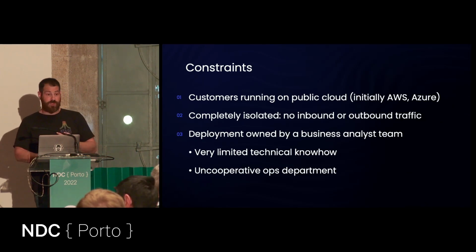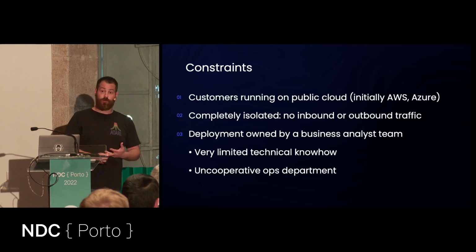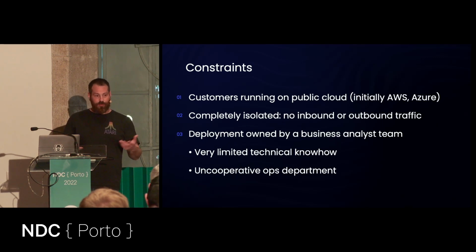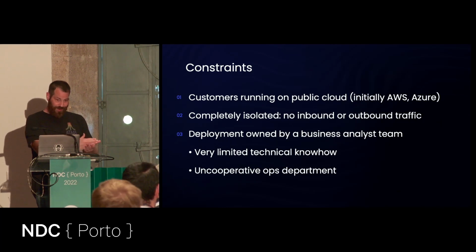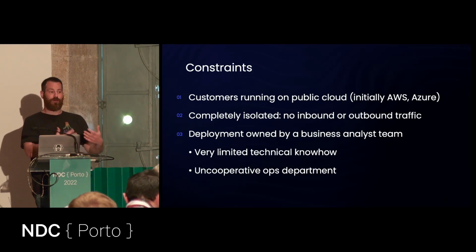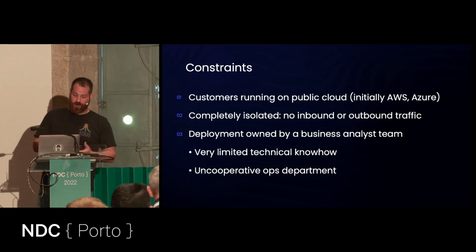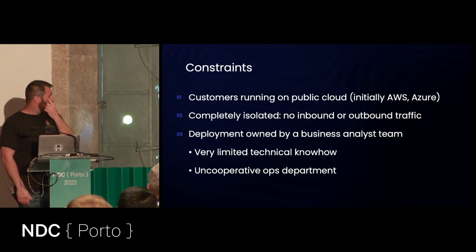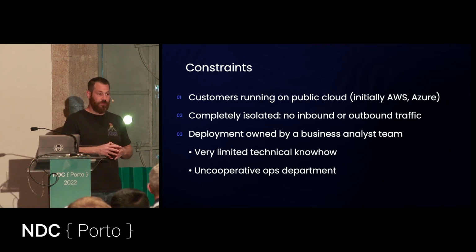Our software components could not call home, so we couldn't send telemetry out, we couldn't send logs out, we couldn't contact any third-party service, including our own, without a very, very strict protocol of how to gain approval for that from our customers.